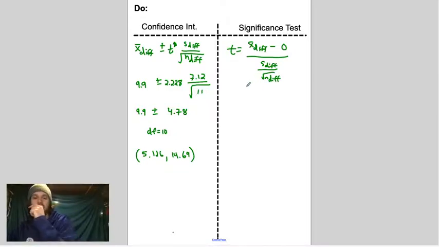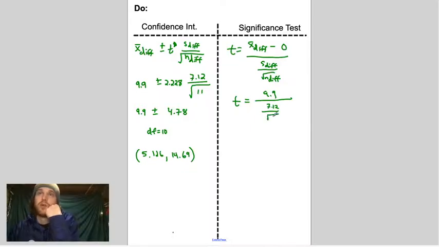Okay, now we're going to plug those numbers in. Well, we already know most of them. X bar sub diff is 9.9, minus 0, and then over here you have 7.12 divided by the root of 11. So we get a t-value of 4.615.